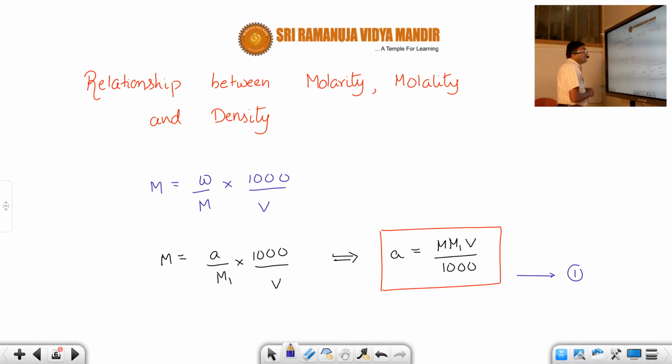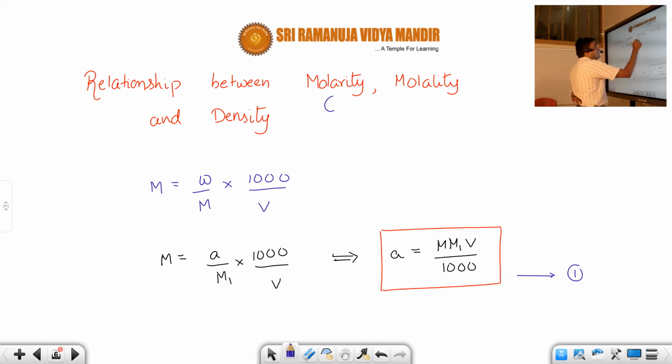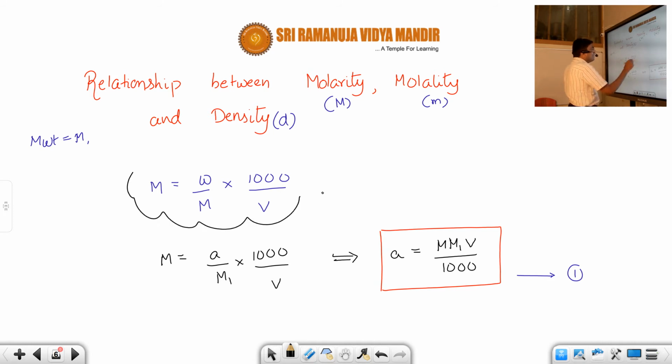Have a look here, students. For your understanding, I am taking molarity as capital M, molality as small m, density as d or rho, and molecular weight as M1. Molarity's definition is weight by molecular weight into 1000 by volume in ml.